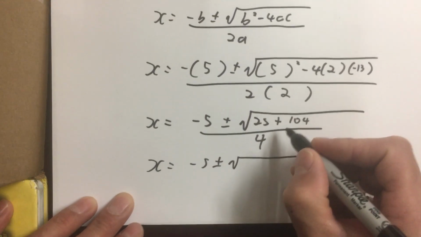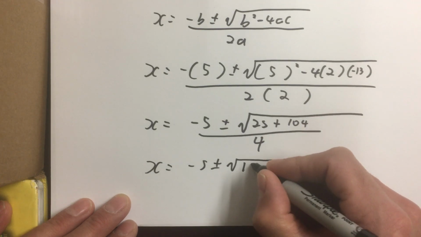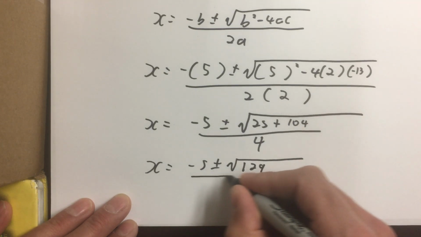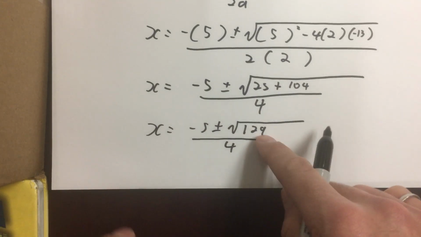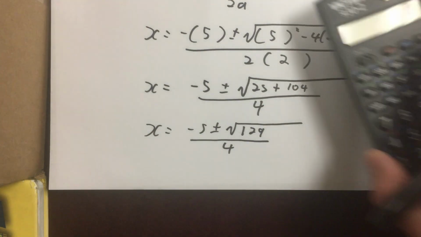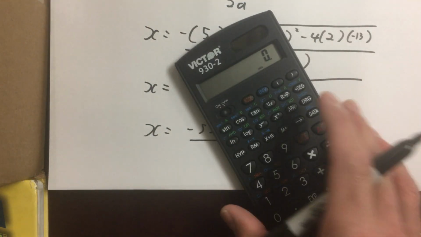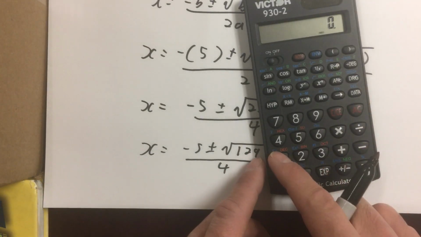I'm going to go ahead and add these two. So I've got 104 plus 25 is 129. All divided by 4. I now need the square root of 129. If the number's not a perfect square, you want to use a calculator. There's Newton's method or whatever, but for now, just use a calculator.